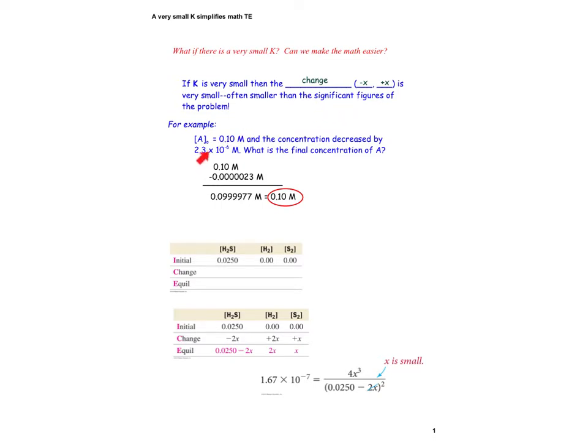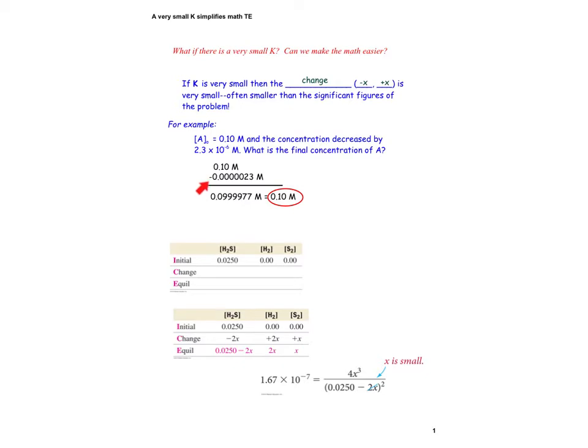What do I mean we don't have to worry about it? Well, let's take a look at this problem. Let's say my initial concentration is 0.1 molar, and we remove x, so minus x, and that x is 2.3 times 10 to the negative 6. Well, what's the final concentration of A?